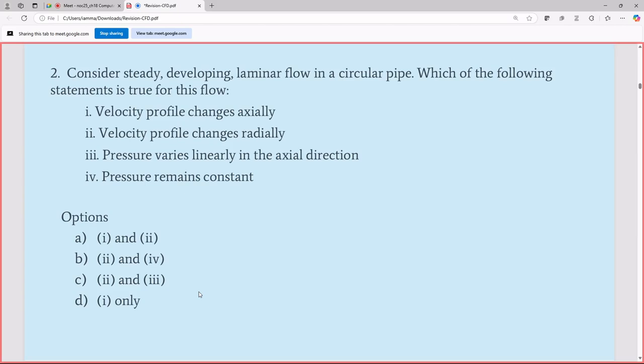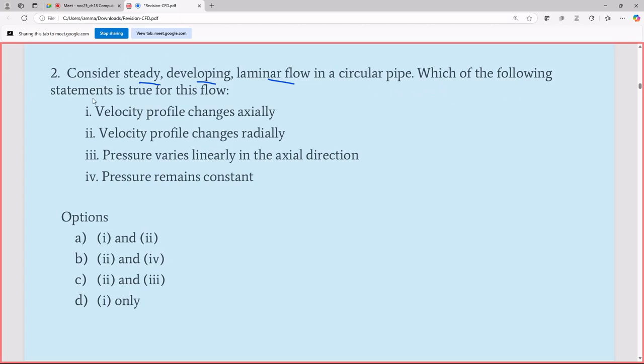The next question is on the physics of internal flow. The question is, consider a steady developing laminar flow in a circular pipe.